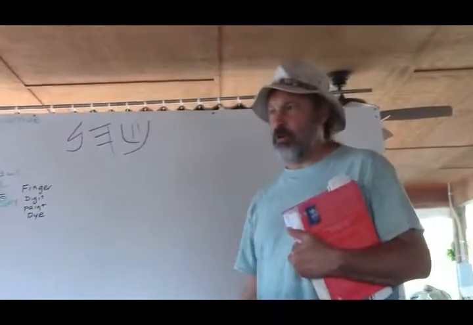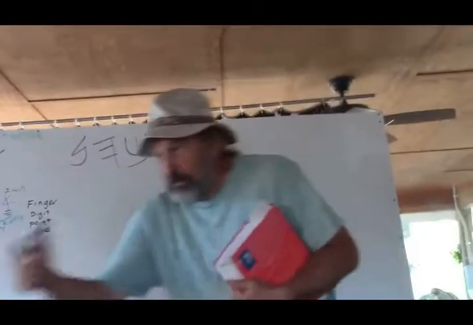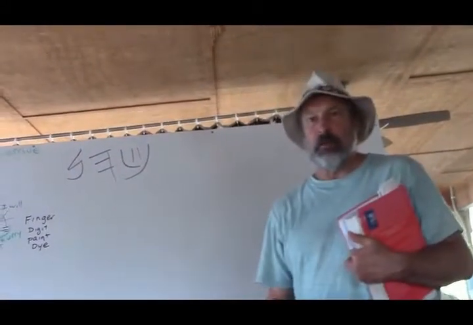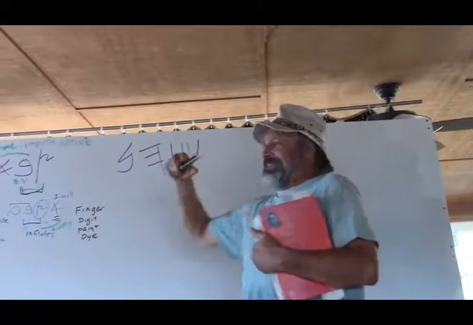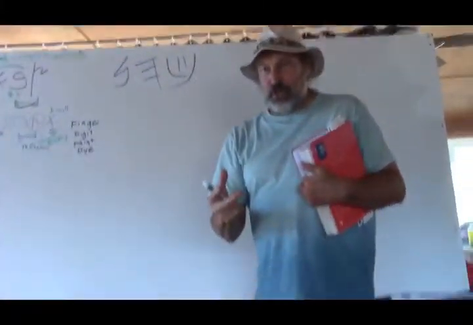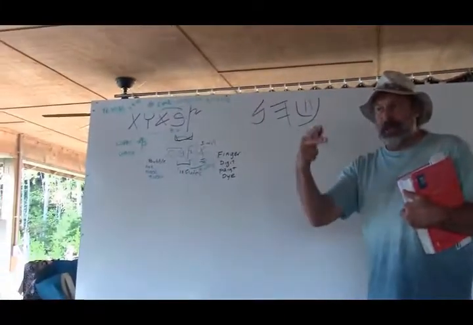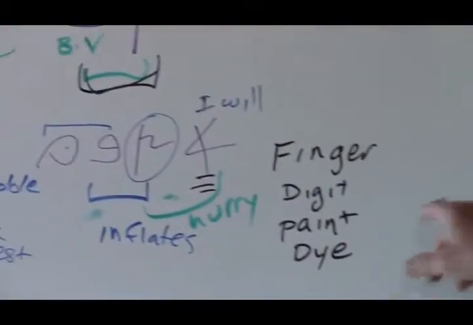But what does it mean to hurry? It means to be about the business of going to do it. So I'm trying to show you that there's a dictionary definition, and then there's reading into the words. And remember, when he said he wrote with his finger on the tables of stone, this is the word he used.